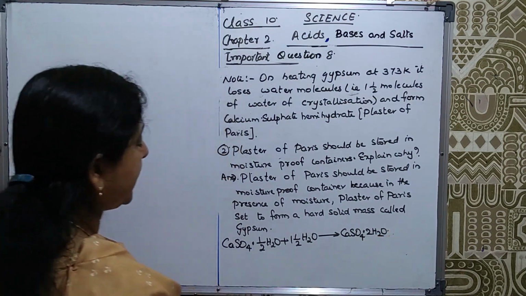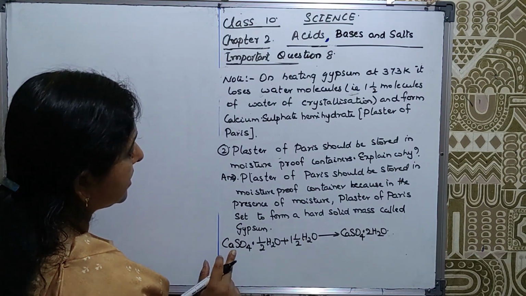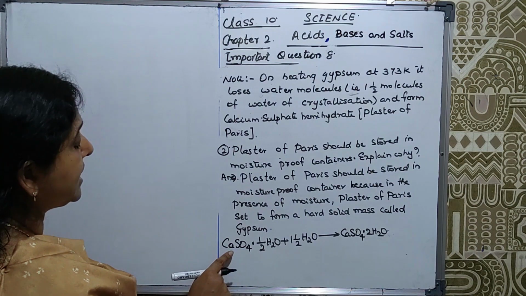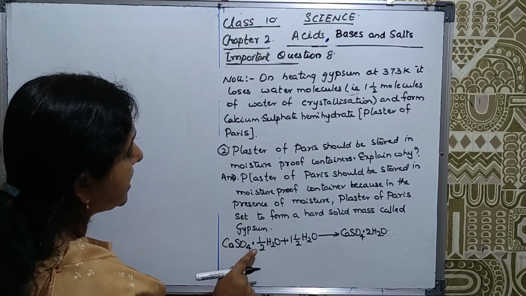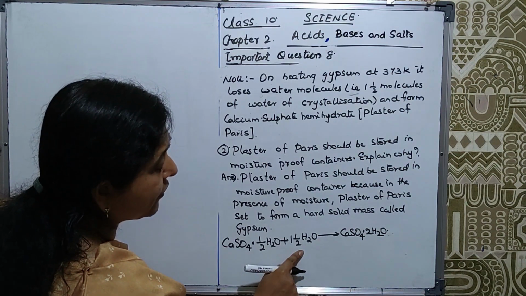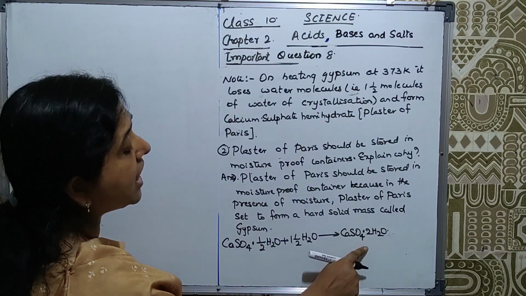So that is the gypsum. So when water or moisture is added to plaster of Paris, calcium sulfate hemihydrate reacts with 1.5 molecules of water to form calcium sulfate dihydrate, which is a hard solid mass called gypsum.